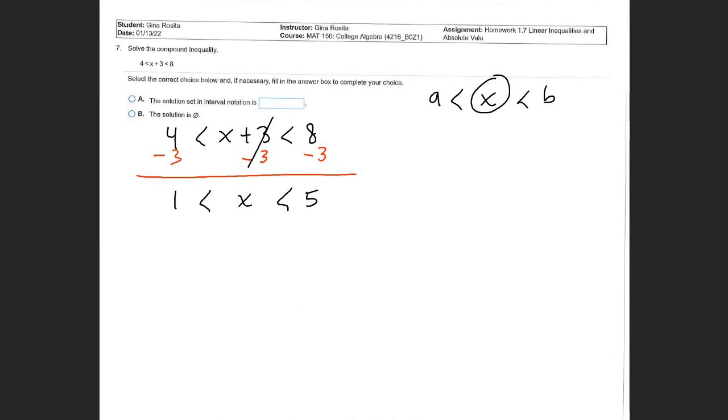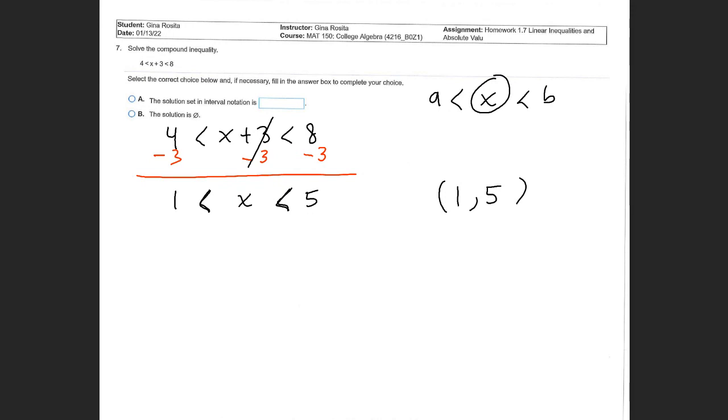So now the answer: this is open, this is open, so parenthesis from 1 to 5. It's not hard, just need practice and practice and practice.